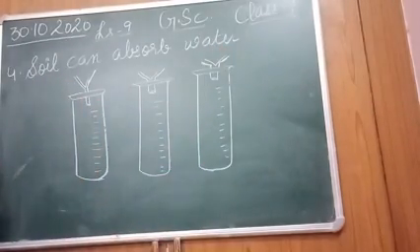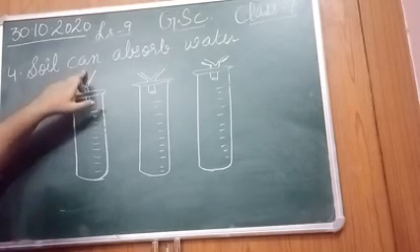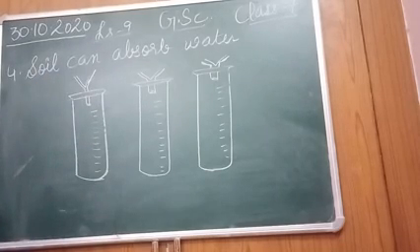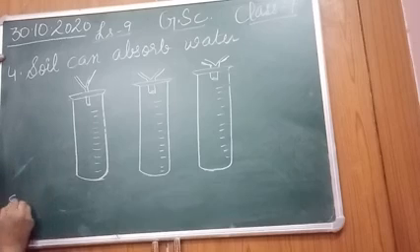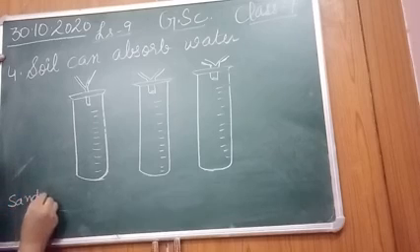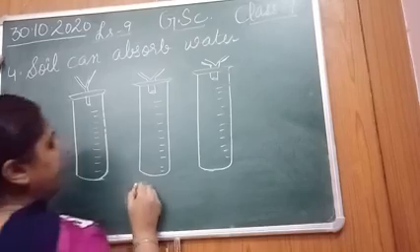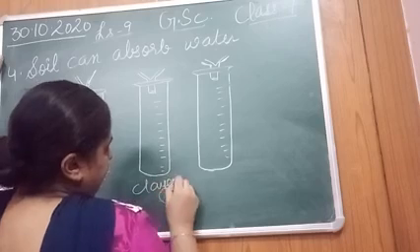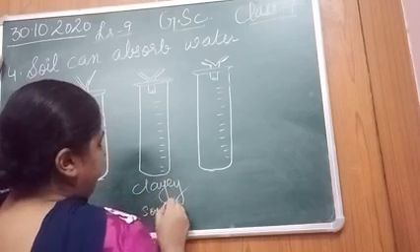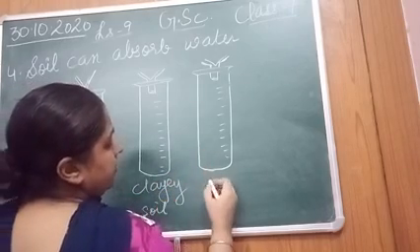Now students, in the first funnel, add one type of soil. Say I am adding sandy soil in this. Then in the second I am adding clay soil. In the third, I am adding loamy soil.